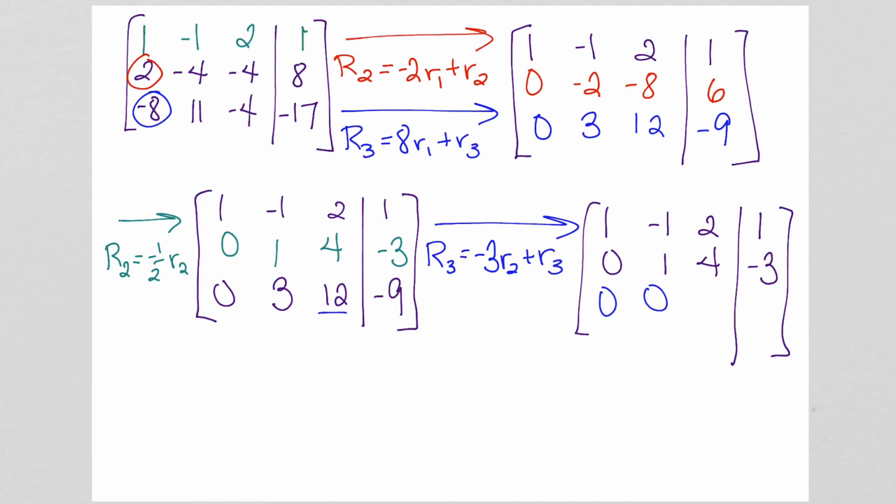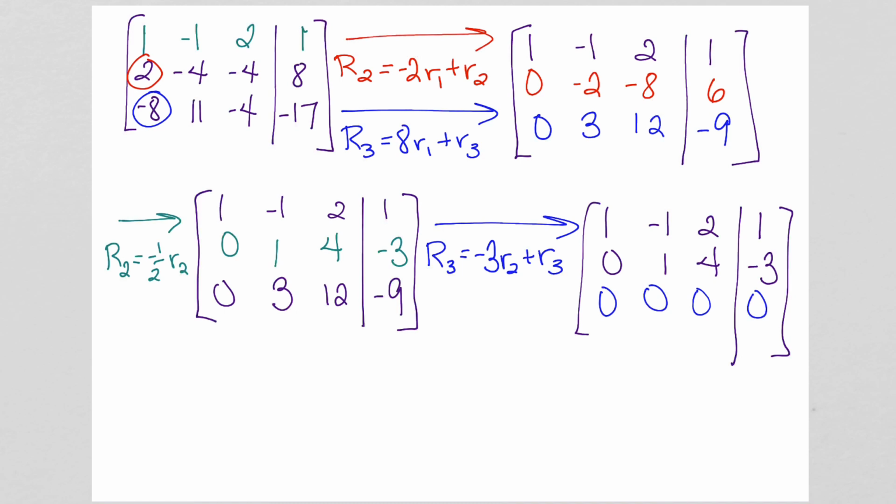Negative 12 plus 12 is 0. Uh-oh. We don't want that. Negative 3 times negative 3 is positive 9. Positive 9 plus negative 9 is 0. So this is where I said we are ending up with a dependent solution.